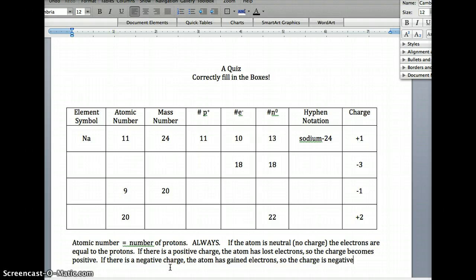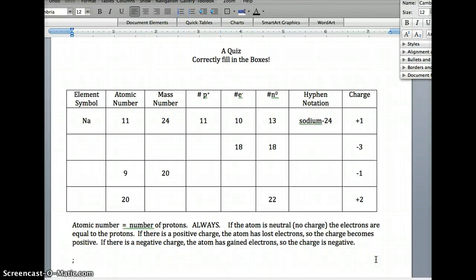Good. The other thing that I mentioned that should be noted is that there's a little equation that you can use. The protons plus the neutrons are equal to the mass number.